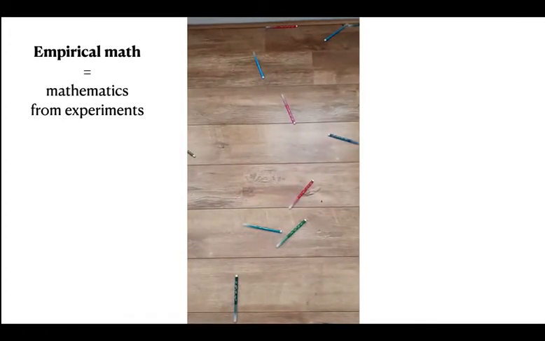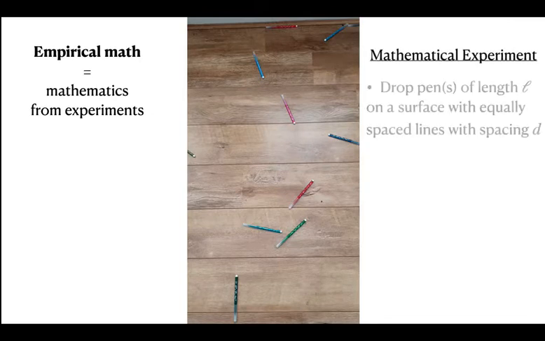Right, so let's summarize a little bit what this experiment is about. We first need to drop pens or needles, whatever you have at your disposal. This can be toothpicks, this can be chopsticks, whatever, of a given length L. For this experiment to work, and for what is coming to work, you need the length of these needles or pens to be smaller than the spacing between the lines that you are looking at for the crossing.